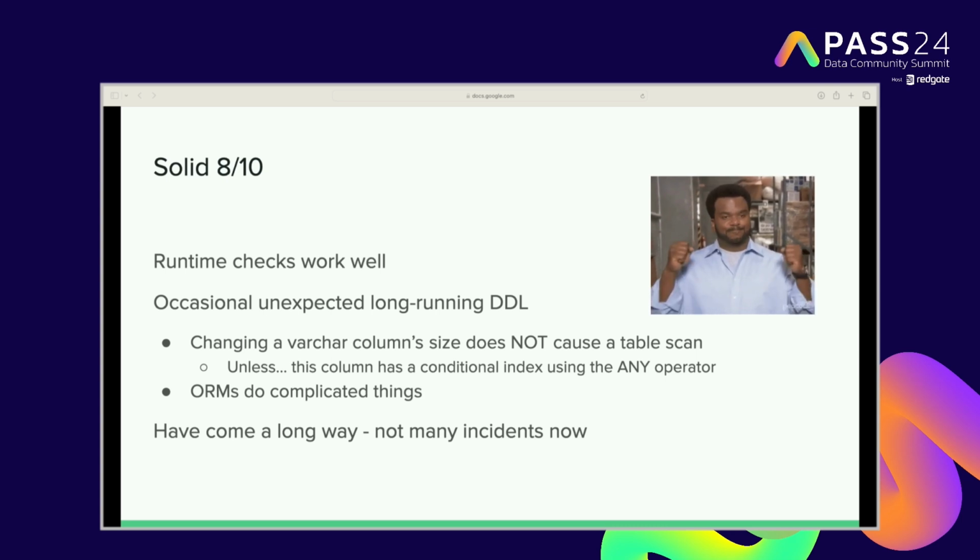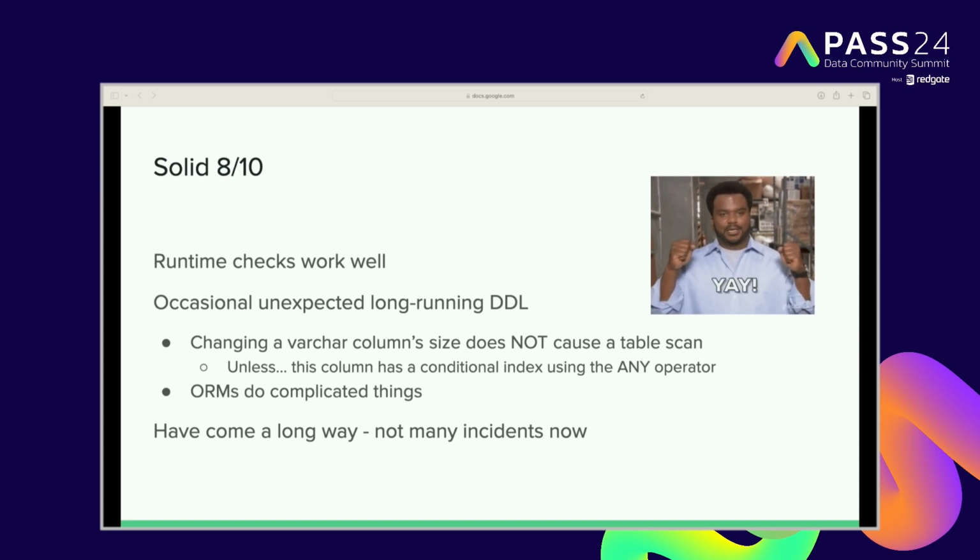So this one time, we were changing the size of a varchar column. It's typically a very safe operation. You do not need to scan the table or rewrite stuff. It's supposed to be instant. But in this case, we had a table scan, and we dug deep into the Postgres code. We found out that it's a super edge case.